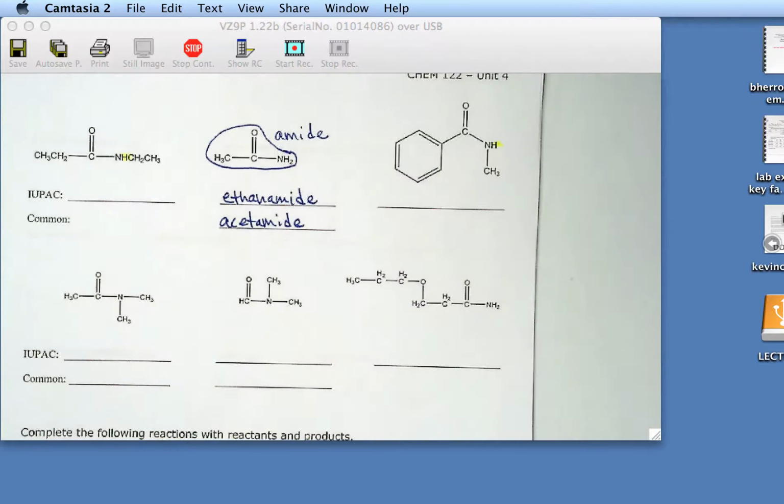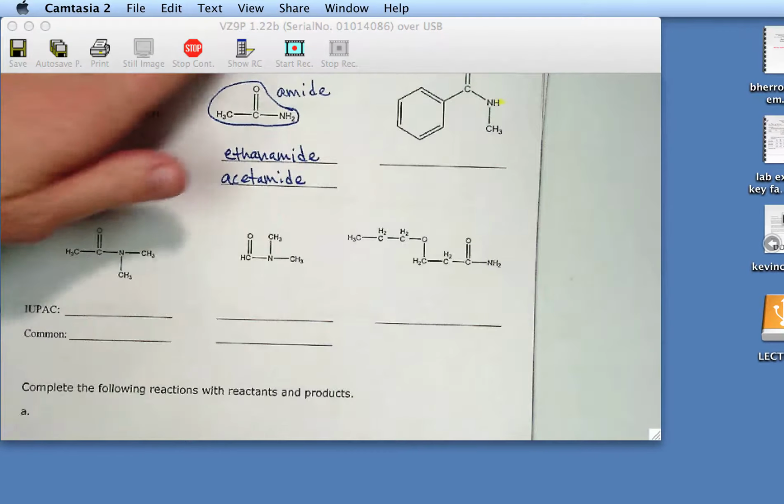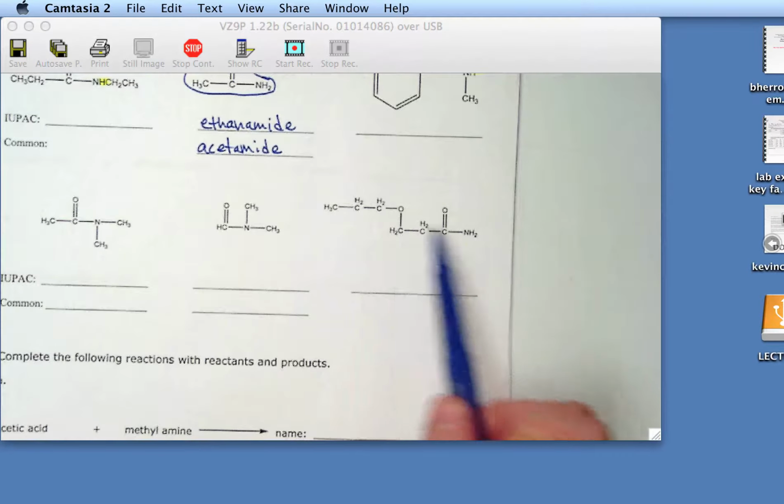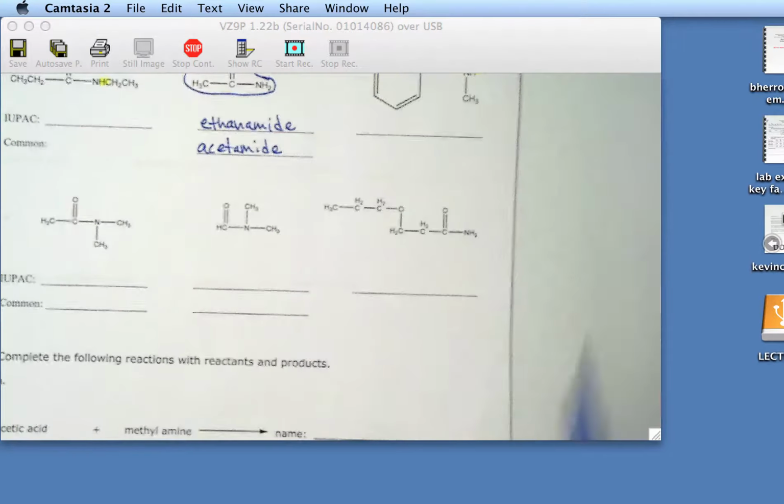So I want you to try naming these. Maybe I'll work one more with you. Is there one that you want me to work with or demonstrate first? The last one? Where is your amide? What's the parent? The right side?